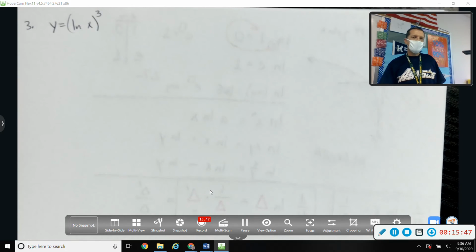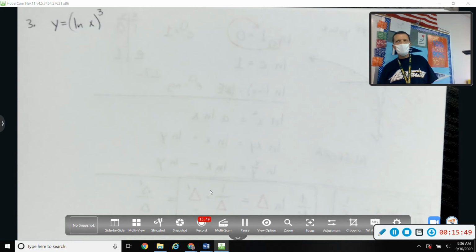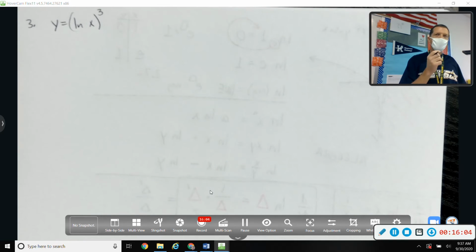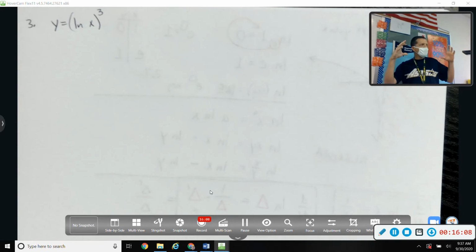Y equals natural log of x, cubed, as opposed to the natural log of x cubed, right? So that's different than that last example. Here we're cubing the natural log rather than cubing the x. So they're both sort of chain rule problems, but in terms of Tootsie Roll Pops, it's like we reversed who's the outside function and who's the inside function.